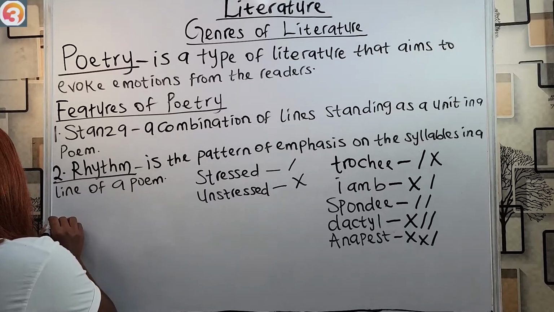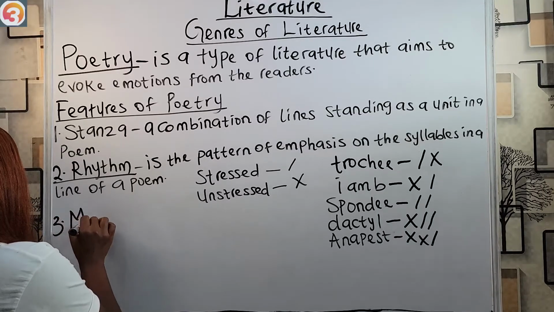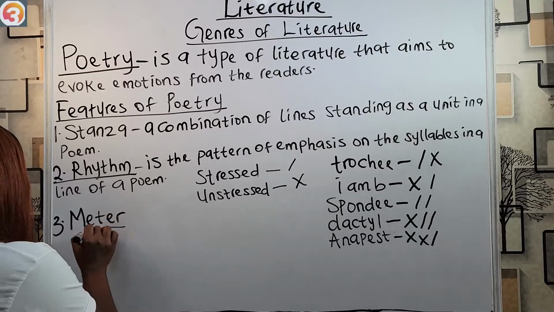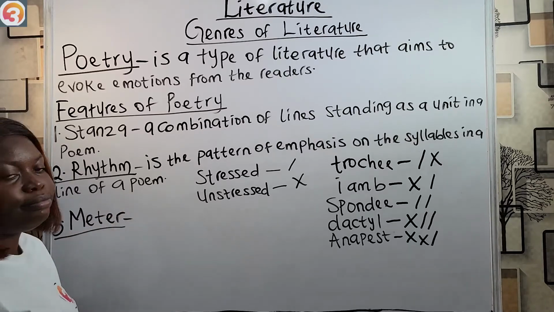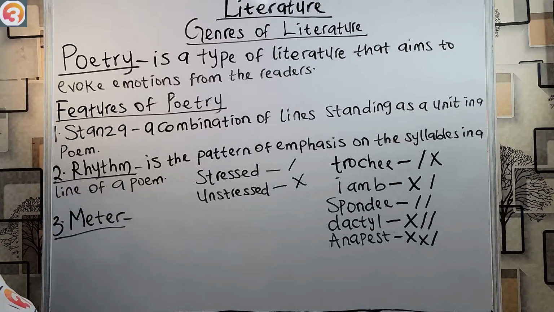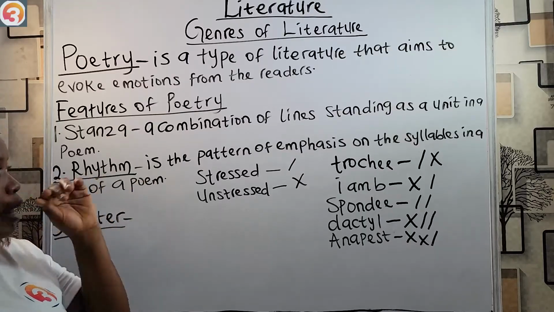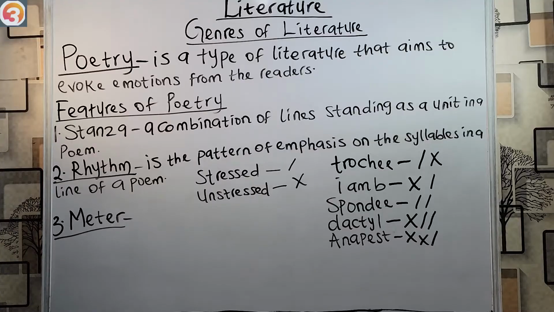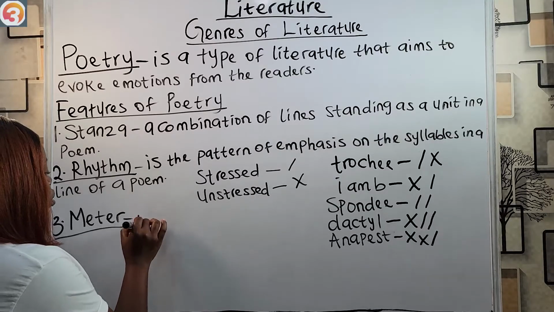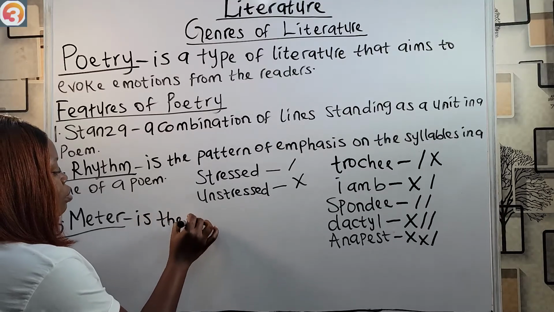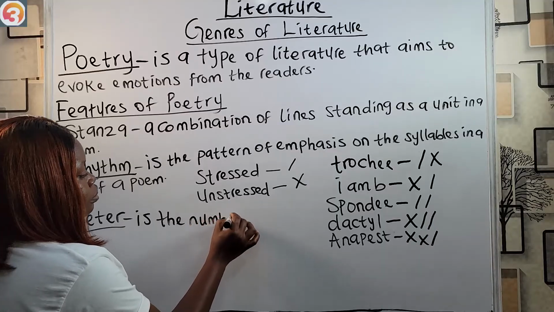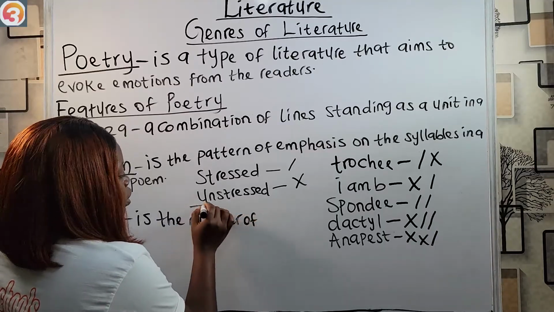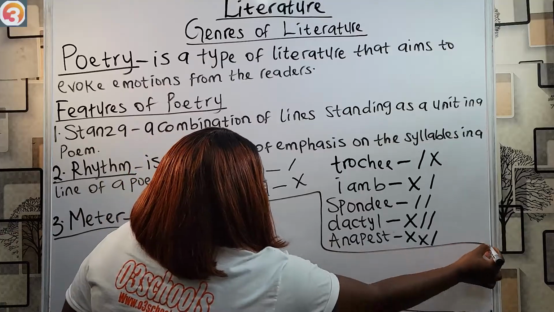Next, we have meter. Meter is similar to rhythm, but while rhythm just dwells on the pattern of emphasis alone, meter also has to do with the number of syllables. Let's read this.